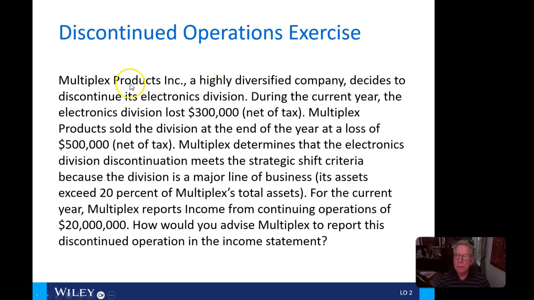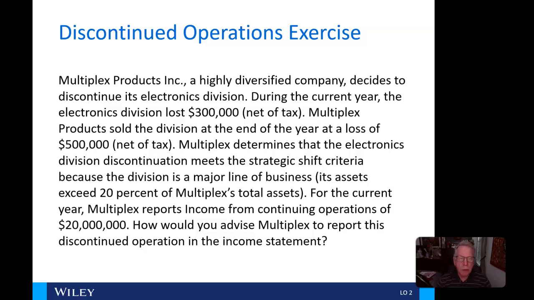Okay, let's look at an exercise here. Here's Multiplex Products, a highly diversified company. It decides to discontinue its electronics division. During the current year, it lost $300,000 net of tax, and Multiplex Products sold the division at the end of the year at a loss of $500,000, again net of tax.